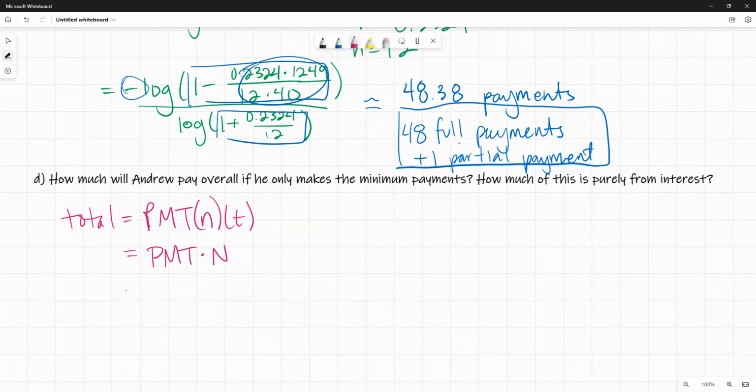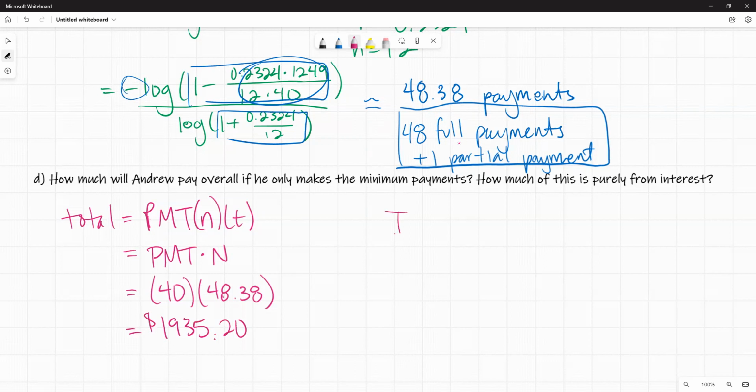Okay, so our total is going to be $40 times 48.38 payments. And that's going to give us a total of $1,935 with 20 cents.